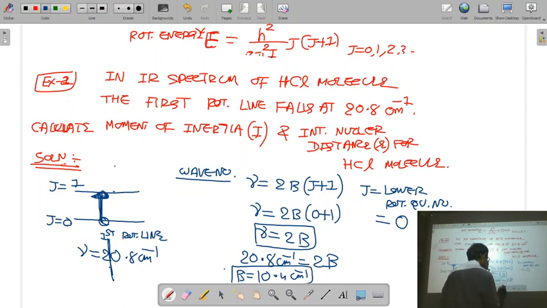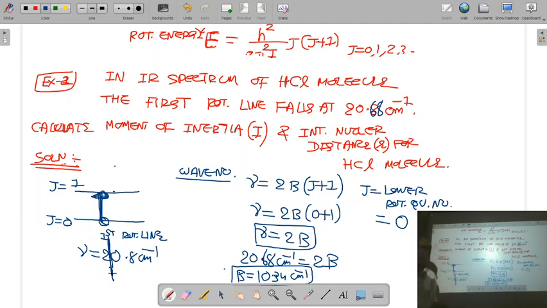So, this is the value of rotational constant B. Actually, the wave number is 20.68, so this comes to 10.34.